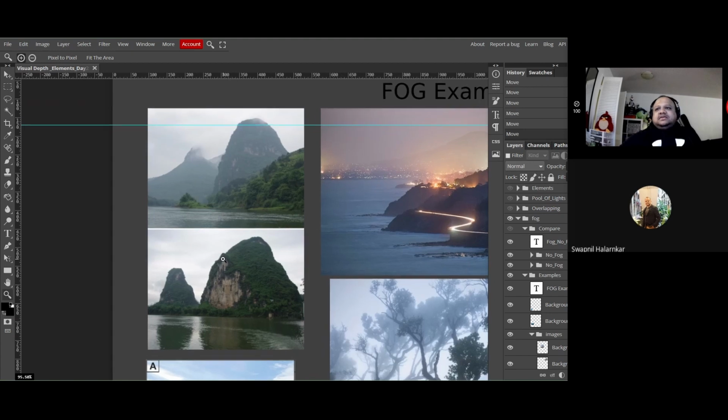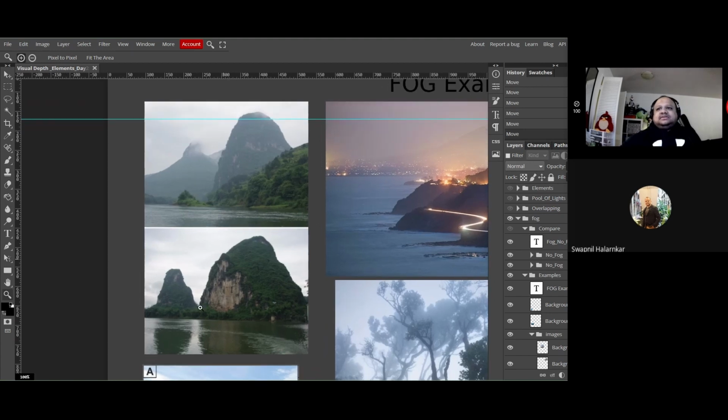See here, this is similar. I'm not saying this is the same place, but this is a similar kind of environment setup, where there are two mountains here. Here there are actually three, but see, here there is no fog, and the feeling of depth is less in this image and more in this image, because there is a gradual fog buildup happening here.